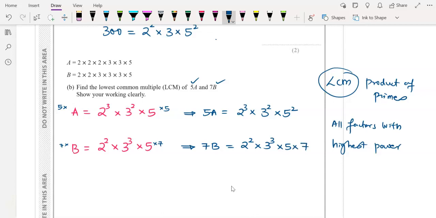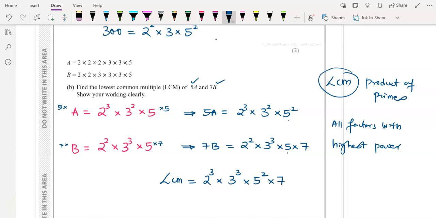Now I need to find the LCM of these two. So for the LCM, we take all the factors. For 2, the highest power is 3, so 2 power 3. For 3, the highest power is 3, so 3 power 3. For 5, the highest power is 2, so I'll take 5 power 2. And we have 7.